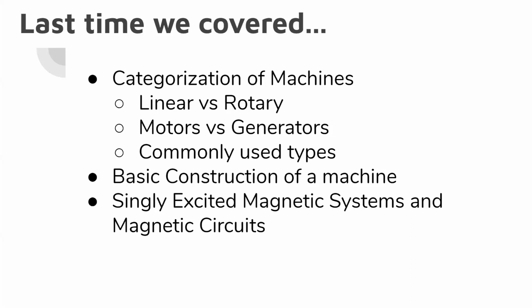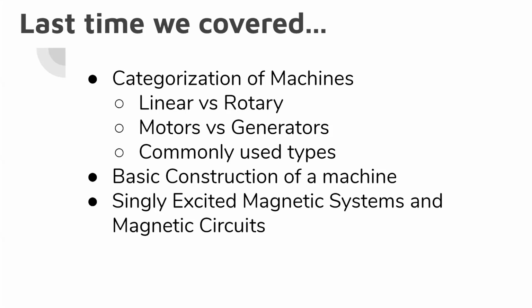Simply, it's like an electromagnet, or a solenoid coil or relay, something like that, where you have only one current carrying coil and create a magnetic field around it. So there we started to discuss these magnetic circuits.